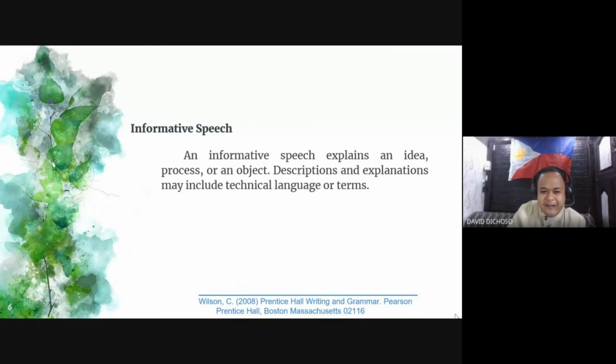It says here that informative speeches explain an idea. You are there to inform your listeners about an idea. You are there to present a process or an object you want to introduce to them.